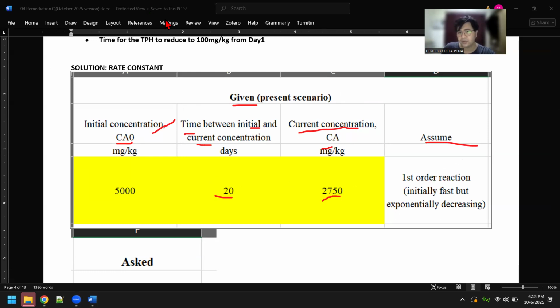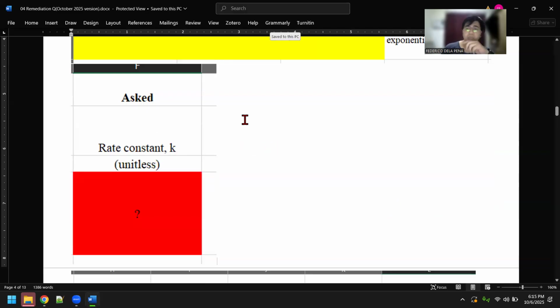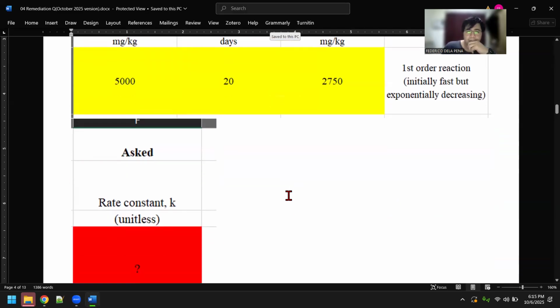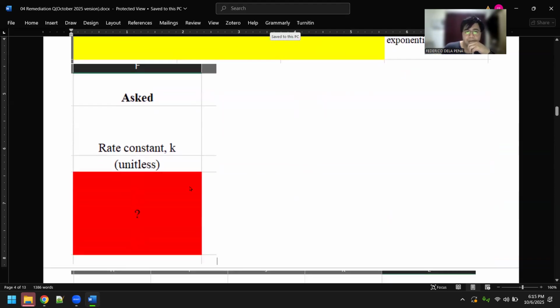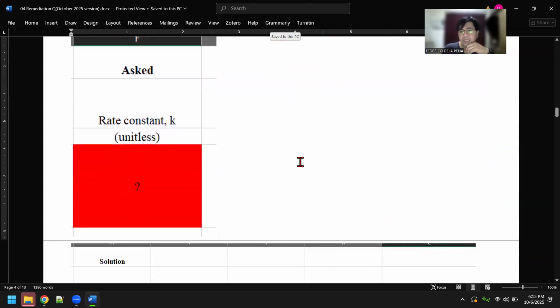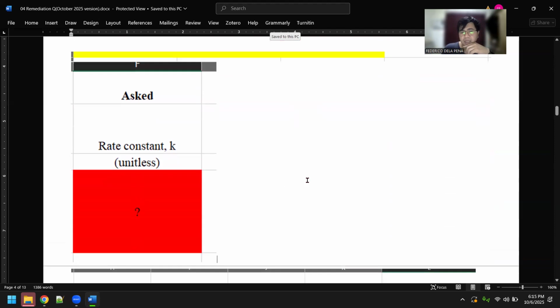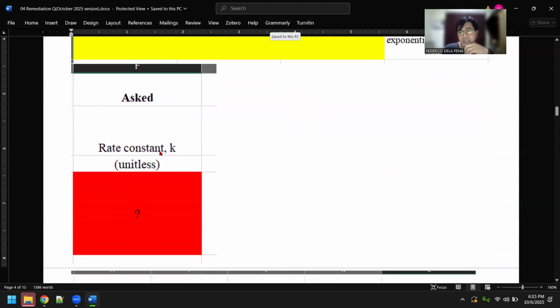Essentially, again, first order kinetics means you have an initially fast reaction, but due to the decreasing surface area and decreasing concentration, the rate of reaction is exponentially decreasing. And the asked variable is the rate constant K.